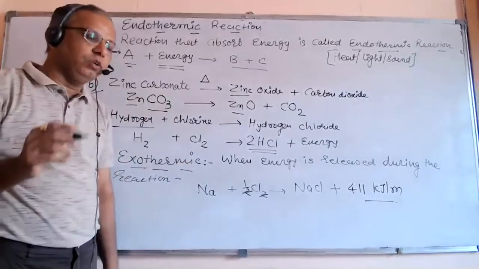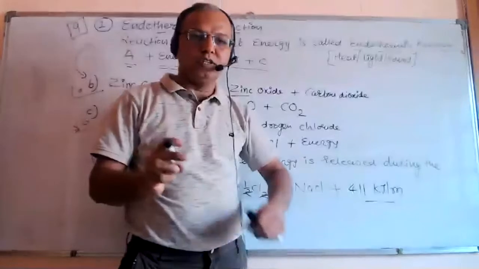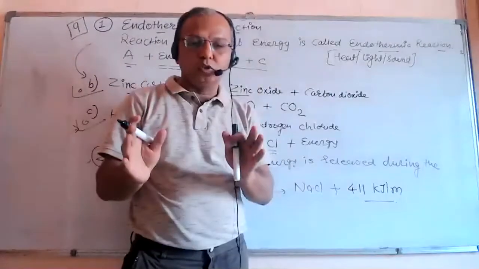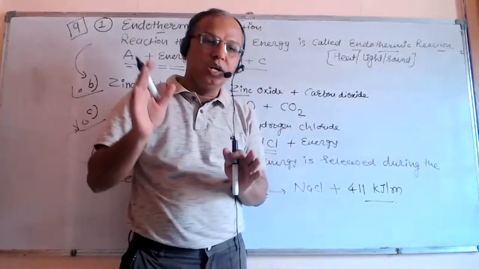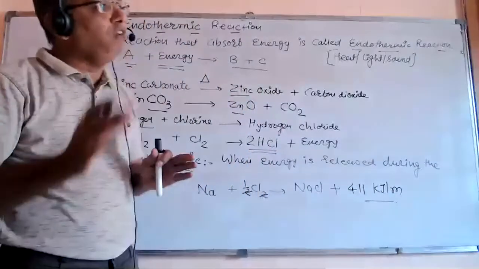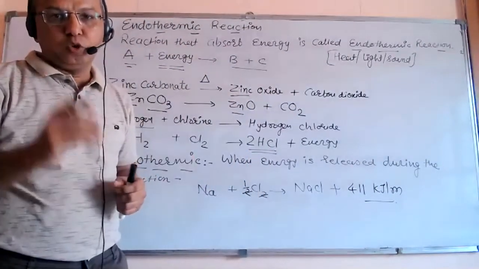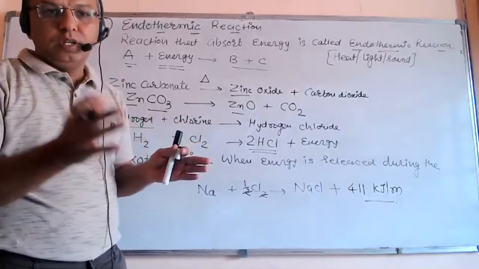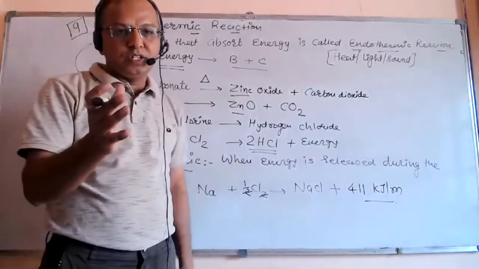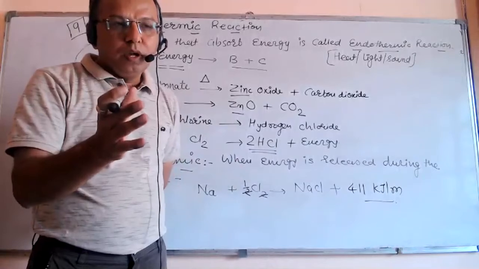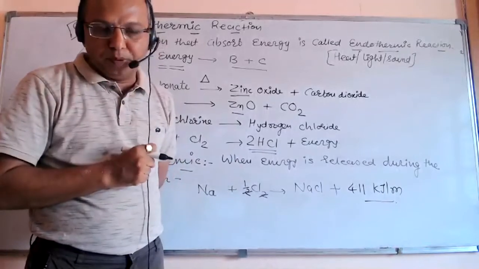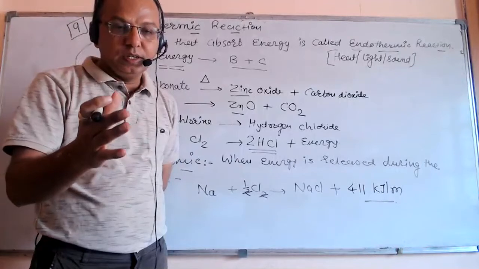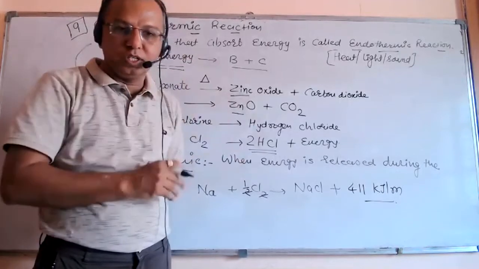One more reaction of this type, friends, we normally know, very common, very popular reaction, that is process of photosynthesis. So plants, when they perform photosynthesis, friends, absorb energy from the sun, because as you know, sunlight is required for photosynthesis.